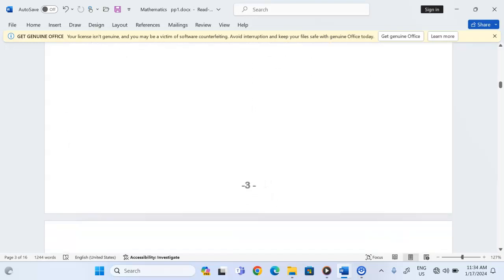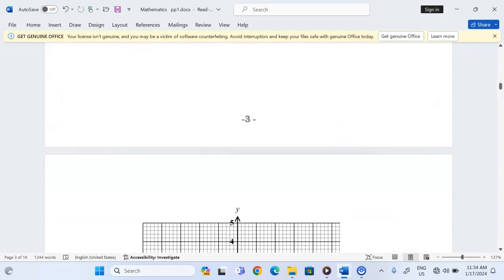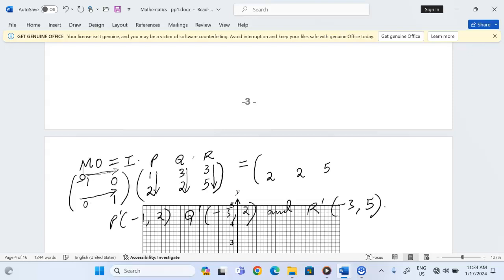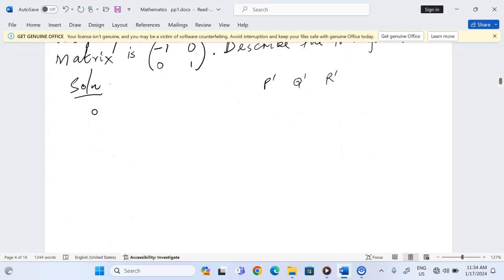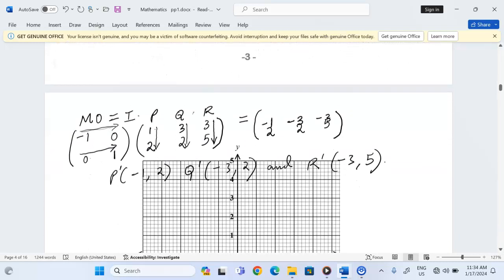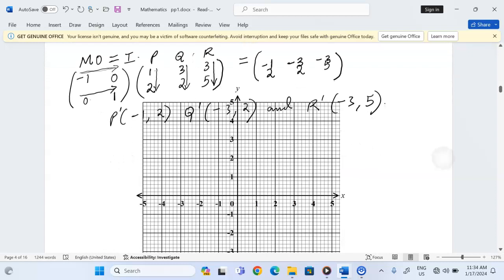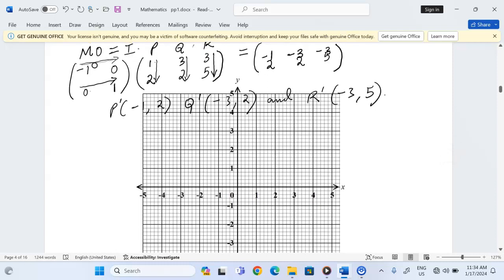Let me use the graph on this page. I can begin with P, which is (1, 2).